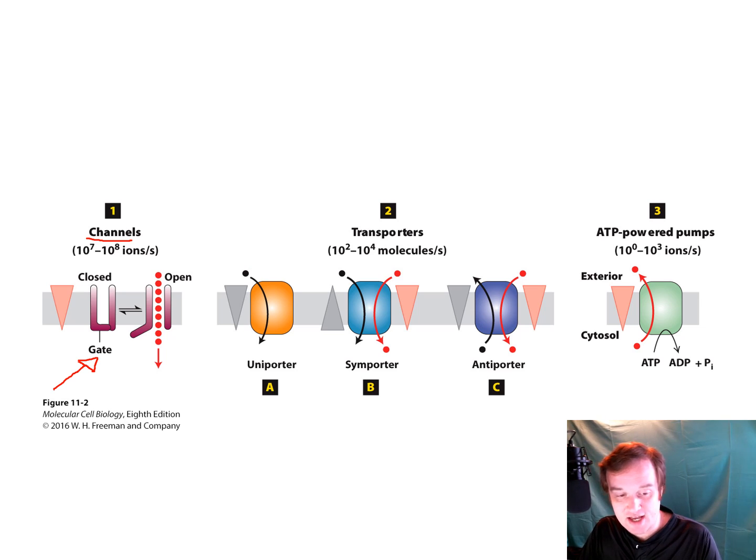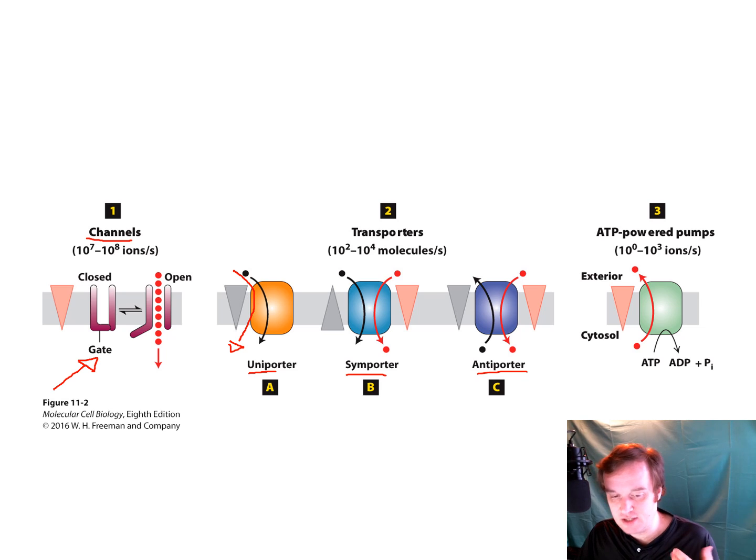So then we also have transporters, and we have three types here. We have a uniporter, a symporter, and an antiporter. So a uniporter transports a single type of molecule down its concentration gradient. So we see a single molecule going across. A symporter transports two or more ions across the membrane together.